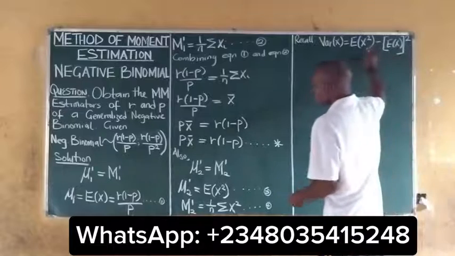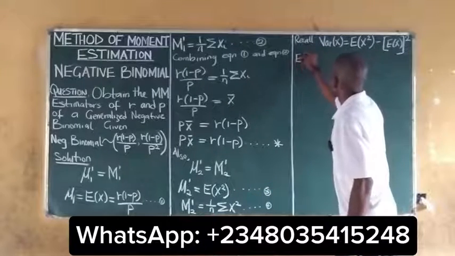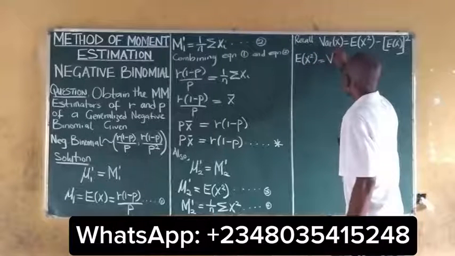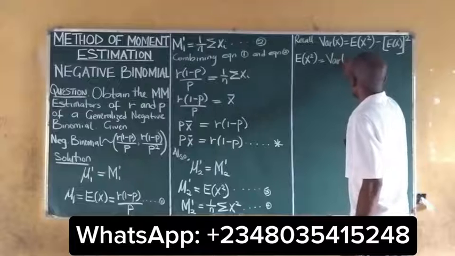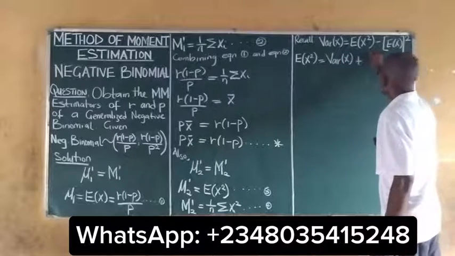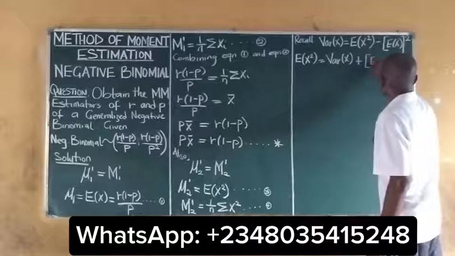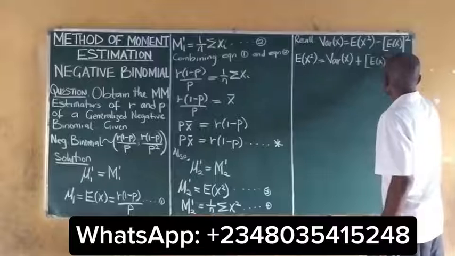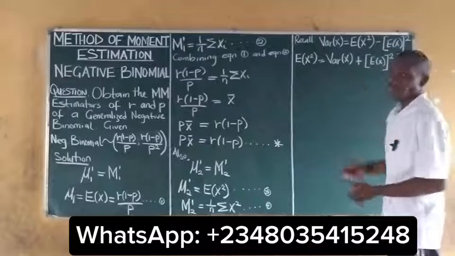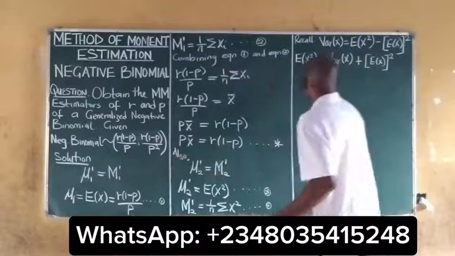So we make this the subject of formula. If we make the expected value of x squared the subject, we have variance of x plus the expected value of x all squared. So what is our variance of x?